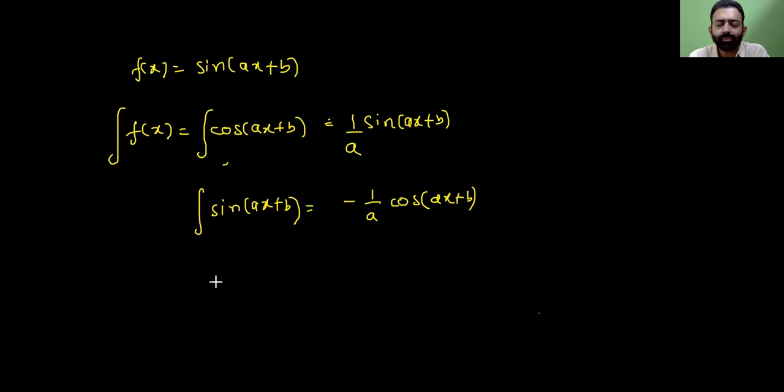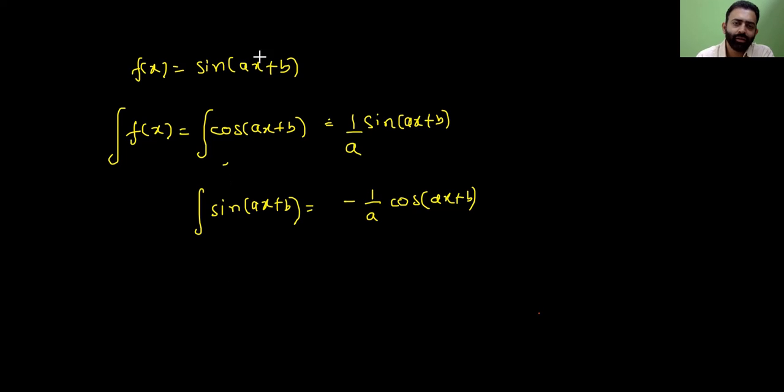And there is one more function, which is sec square x. As we have differentiated tan x, meaning d by dx of tan x is sec square x, the integral of sec square x has to be tan x. Then you can generalize the angle to the type ax plus b, like this.